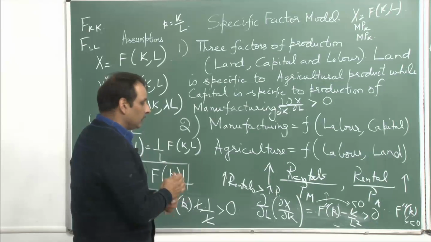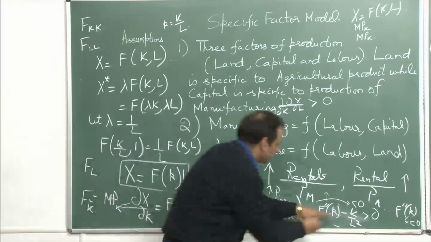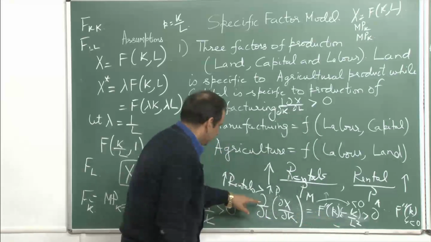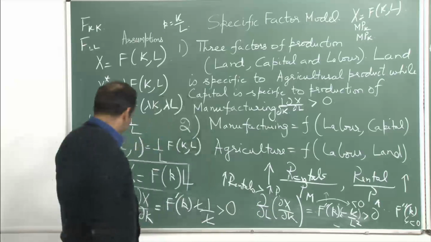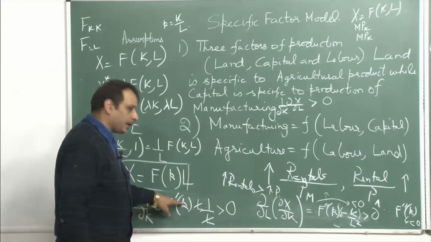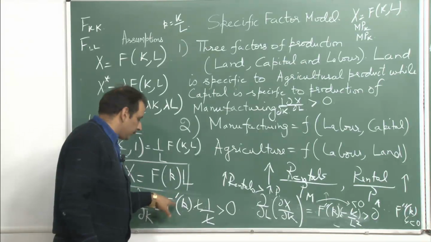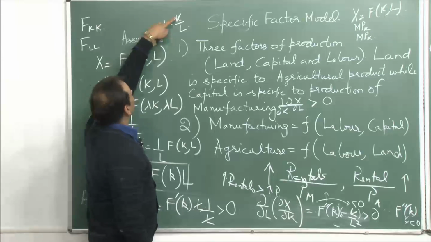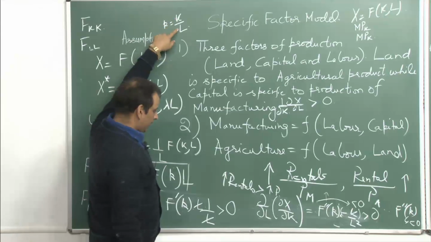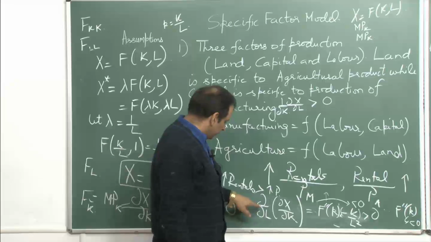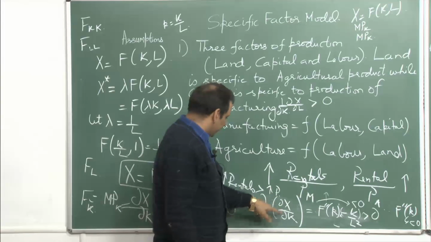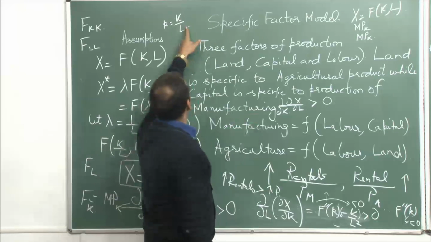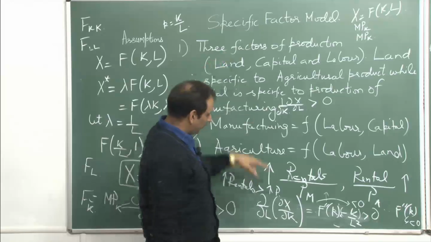Into minus k by L square. See, del by del, del x by del k, f double dash k into the derivative of small k with respect to big K, small k is K by L. So, this is the derivative of this del x by del k, which is this, with respect to labor. Use the quotient rule, so minus k by L square.